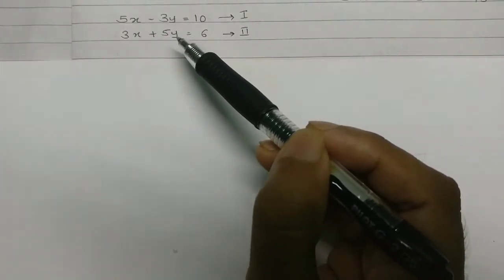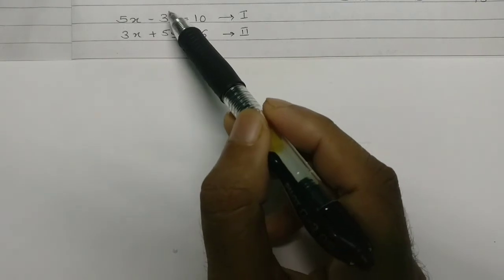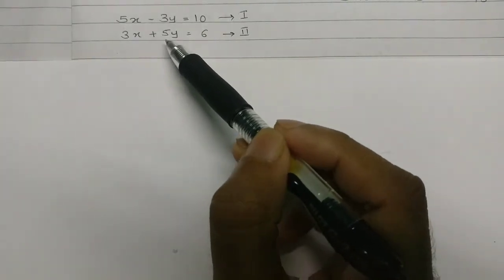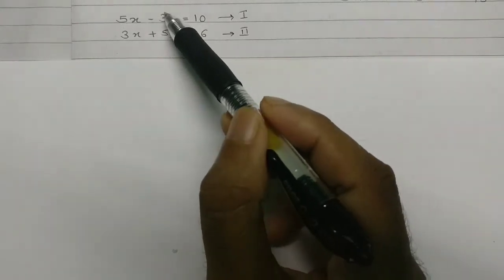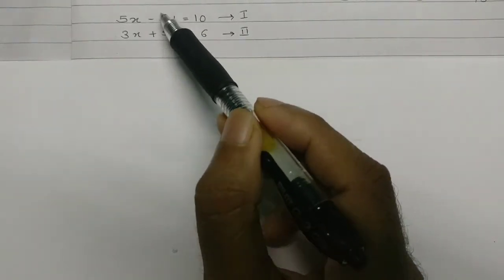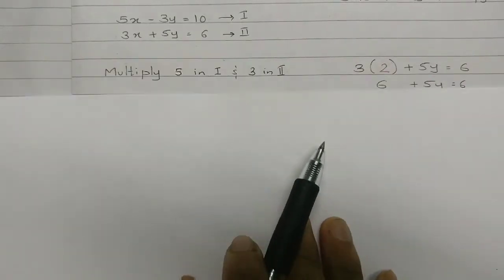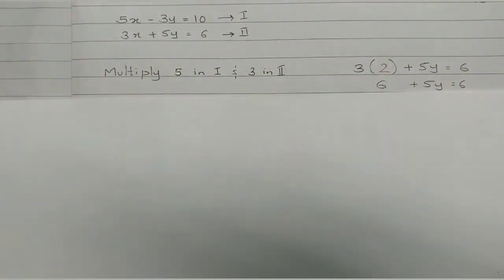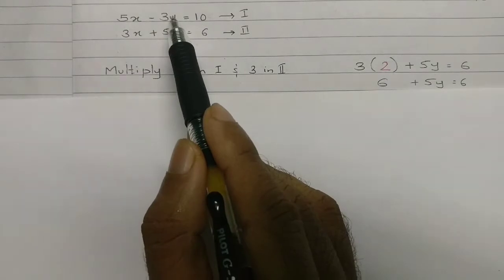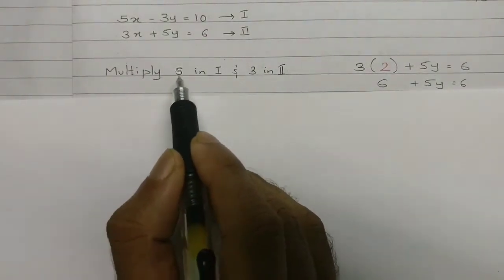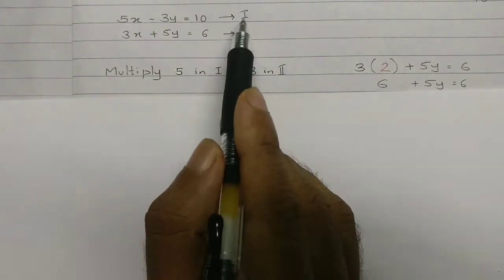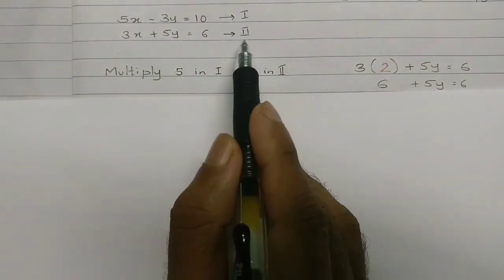So to avoid all that, all I will do is multiply certain numbers, I'll tell you which ones, to these term coefficients of y, so that this gets balanced. As in, we change these coefficients by multiplying 5 in my equation 1 and 3 in equation 2.